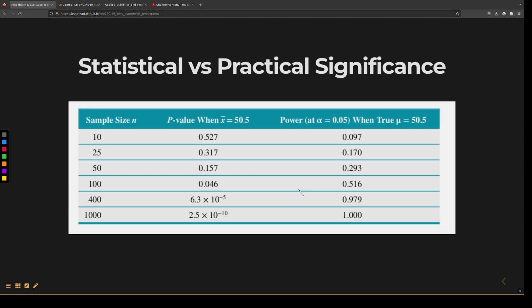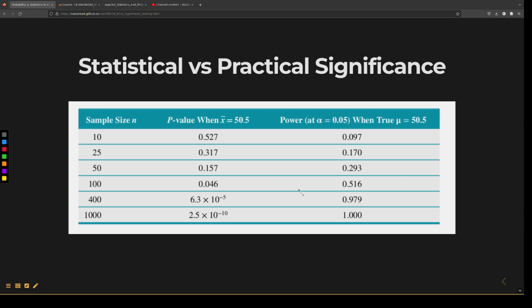So if we increase the sample size, let's say we go to 100 specimens or objects, then we see that the p-value, so again the smallest significance level where we can reject a null hypothesis, becomes much smaller than what we had with 10 samples.